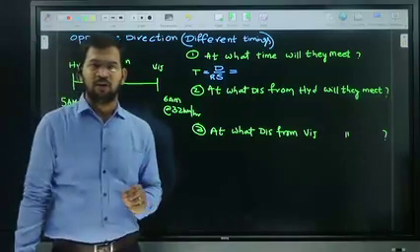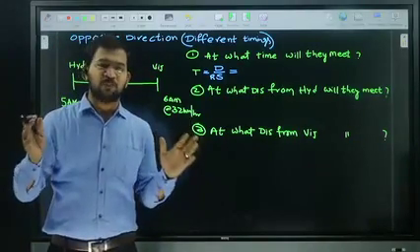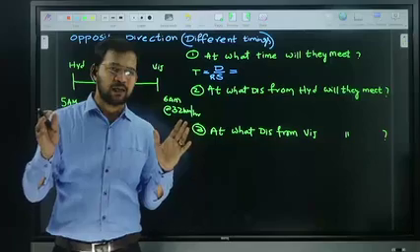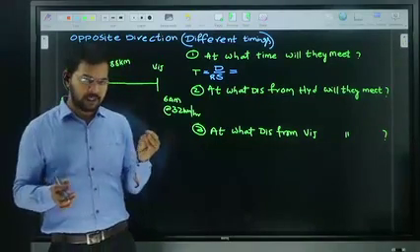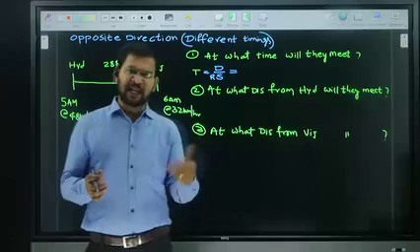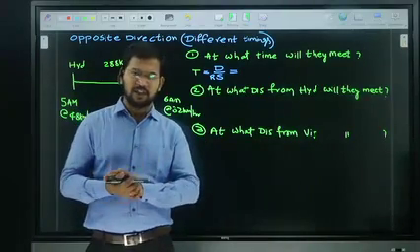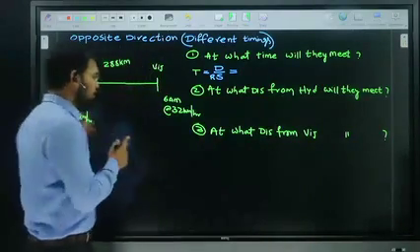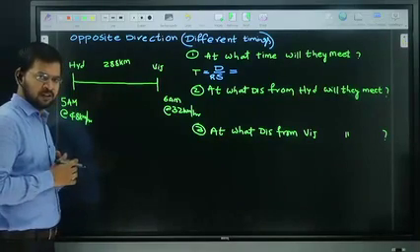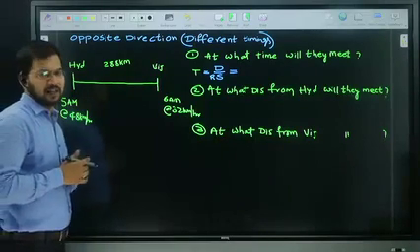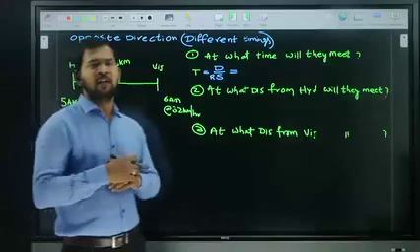Whenever both the objects are in motion simultaneously at a time, only then do we consider relative speed. Here both the objects are not in motion simultaneously, so it's not possible to apply relative speed.